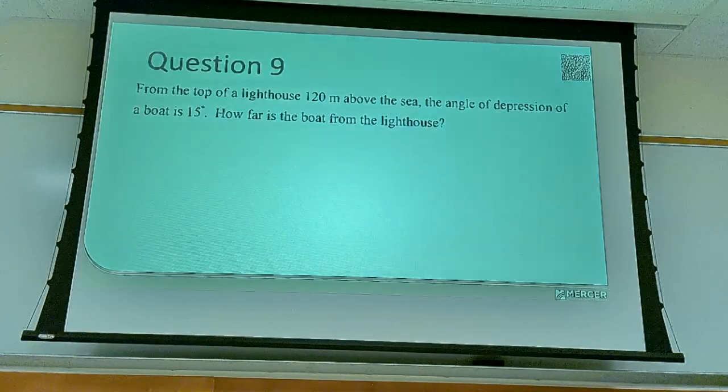They don't tell us if the lighthouse is located on a cliff or anything like that. That is irrelevant because it's specifically saying from the top of the lighthouse. So it doesn't matter whether it's on a cliff or not. The fact is the top of the lighthouse is 120 meters above the sea.